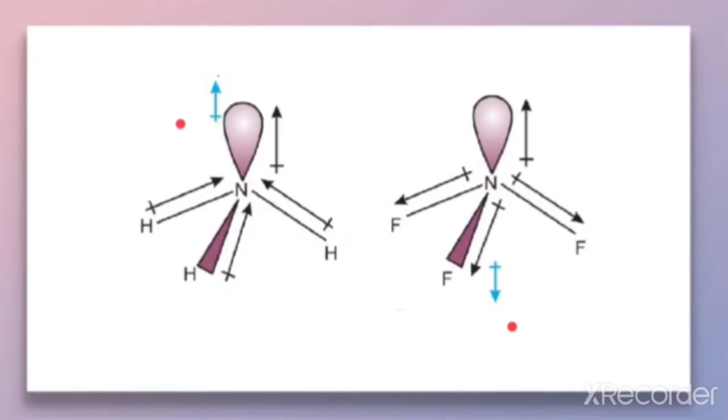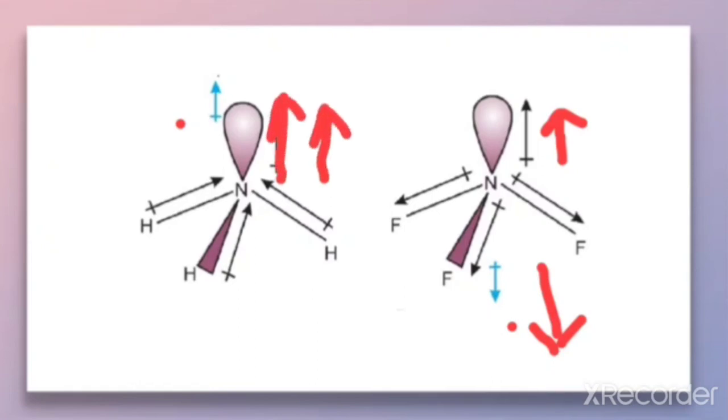But still here the orbital dipole and the resultant dipole both are in the opposite direction. So the net effect will be lesser. But in this case, the resultant dipole and orbital dipole are both in the same direction.